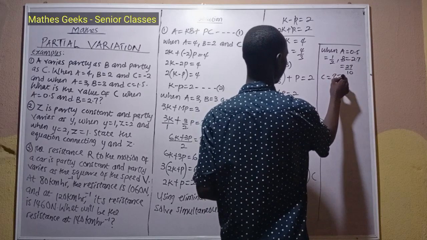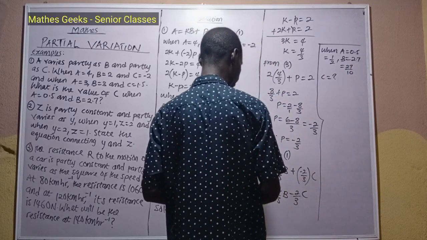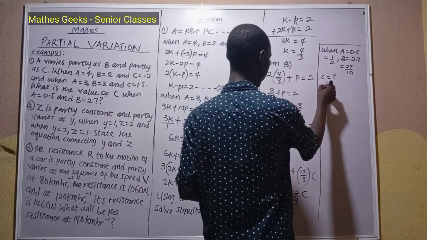So from our formula, A is 0.5, which is 1 over 2.